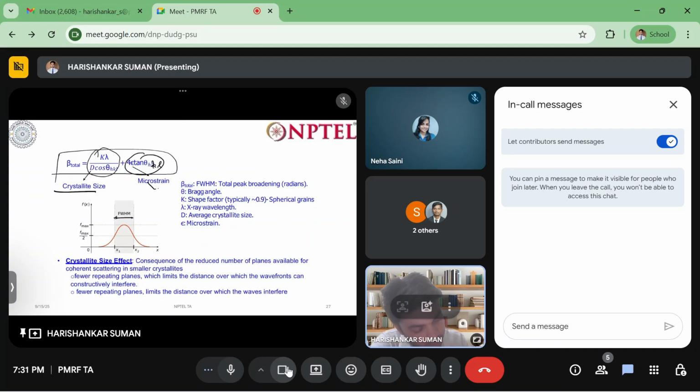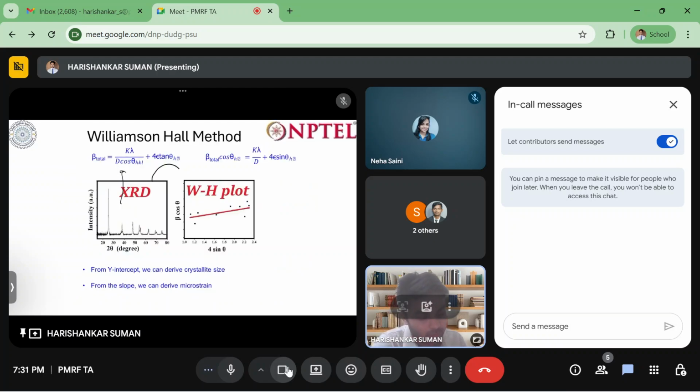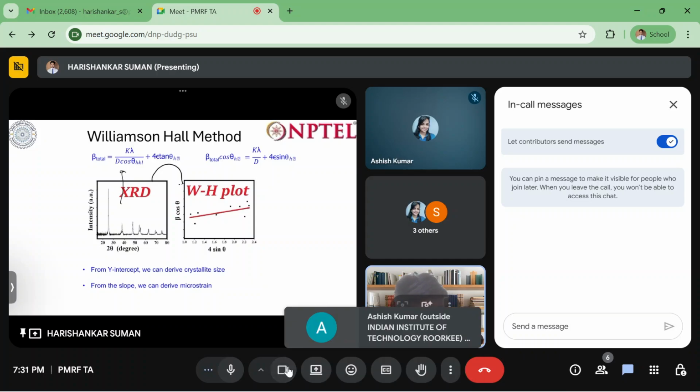You can put the full width of the total peak at the Bragg angle. All these things are given to you. You can use this formula based on the XRD. Use this formula and we can calculate the W-H plot.